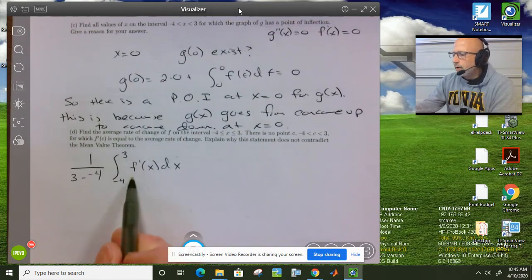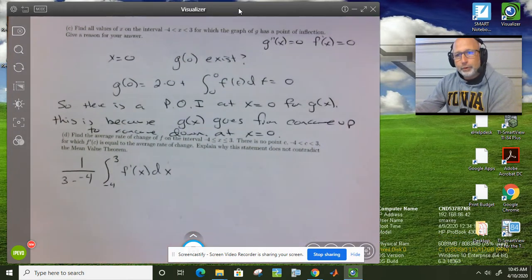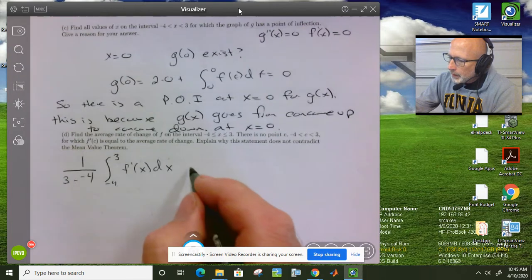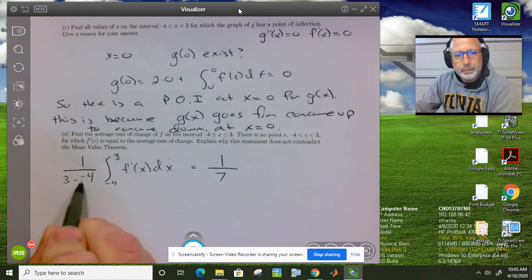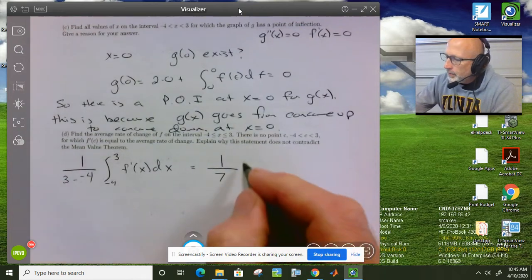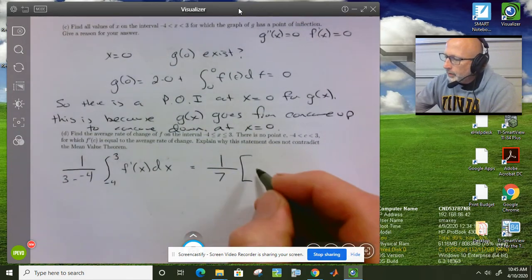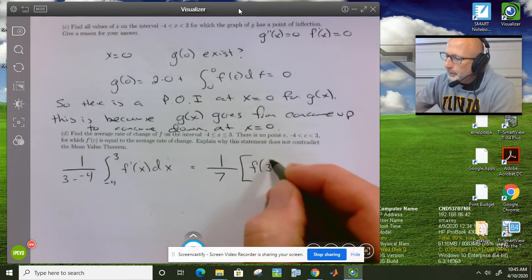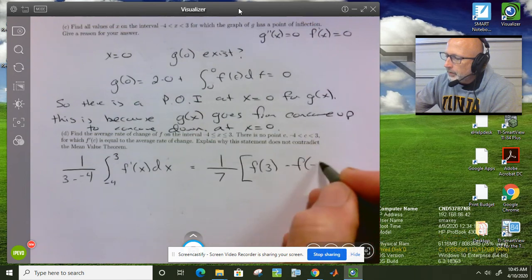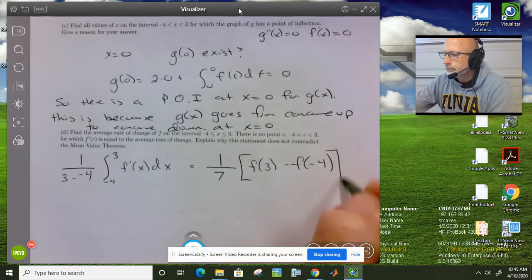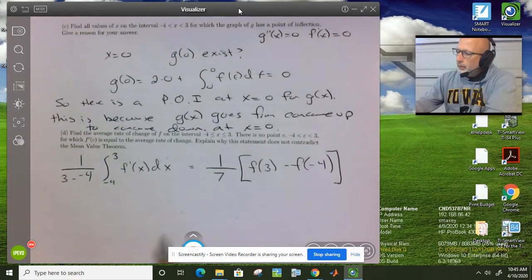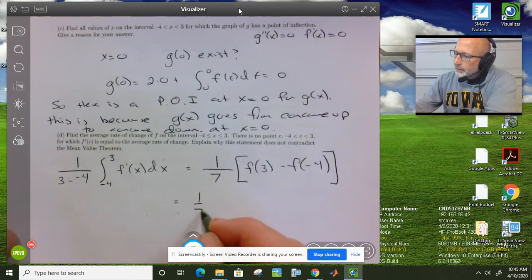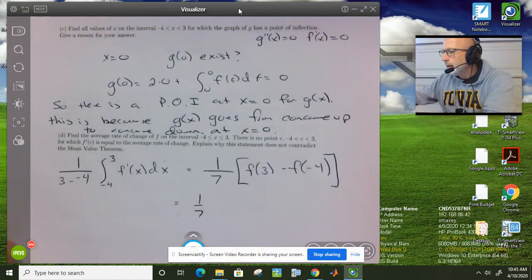Well, that is 3 minus -4. How do I do this? I don't have a graph for that. But by the first fundamental theorem of calculus, I know that this is equal to 1 over 7, because 3 plus 4 is 7. And then this right here, by the first fundamental theorem, is equal to f of 3 minus f of -4. Okay? So we plug this in. So I have 1/7 times f of 3. Come back here.